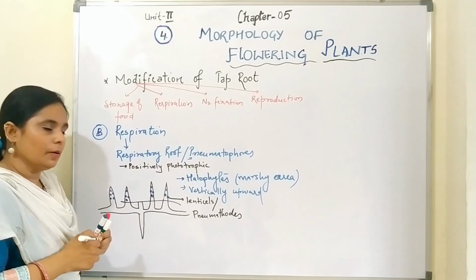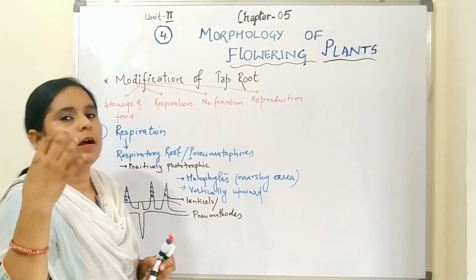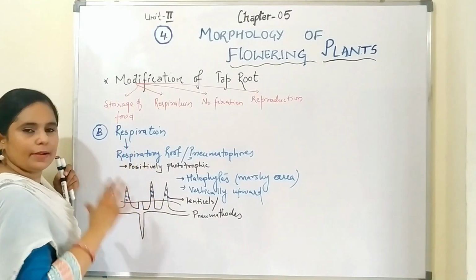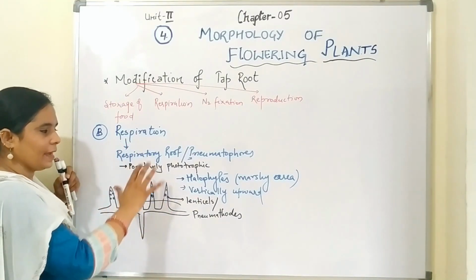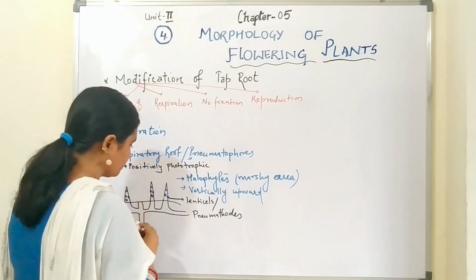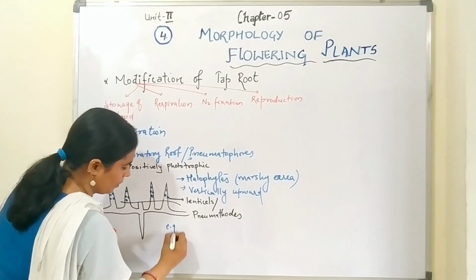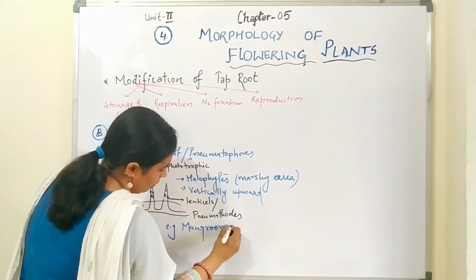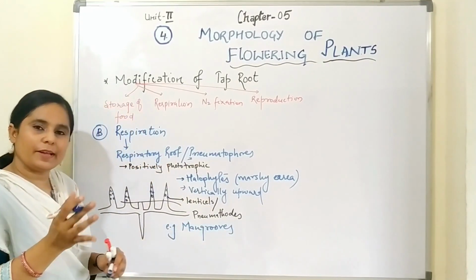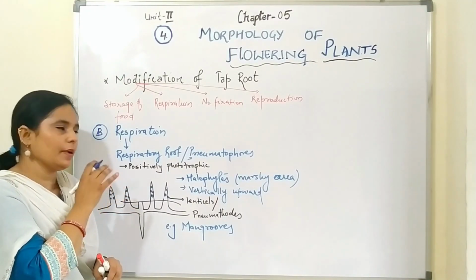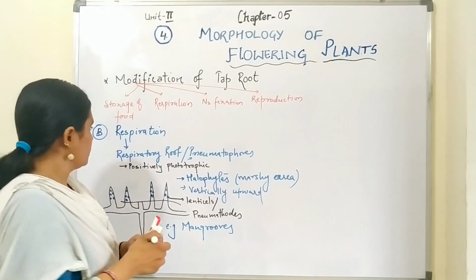Pneumatodes are the pores which help in taking up the air. So this is how the respiratory root works, and they are present in marshy areas. Example of this will be mangrove trees. Mangrove trees or Rhizophora, you will find such kind of respiratory roots in these trees.